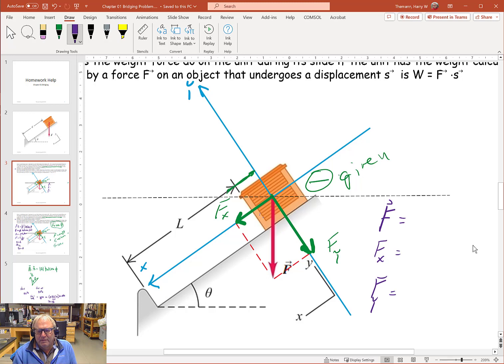So now you look at this here, and you see how I got F of X and F of Y. I just have the vector F, and I drew the perpendiculars. Just like any basic, we're used to seeing it like this, and then we have our perpendiculars like this.